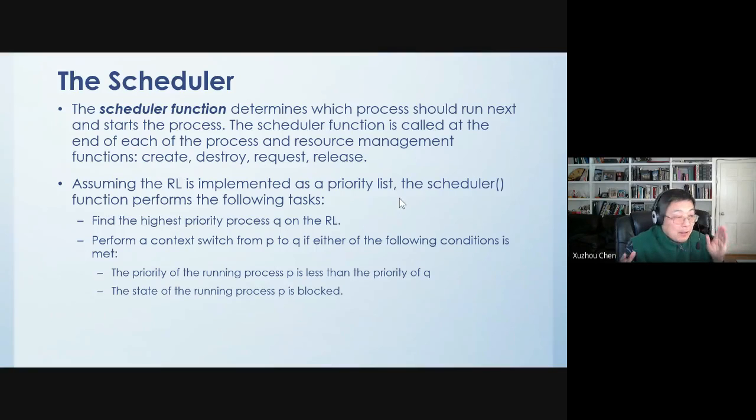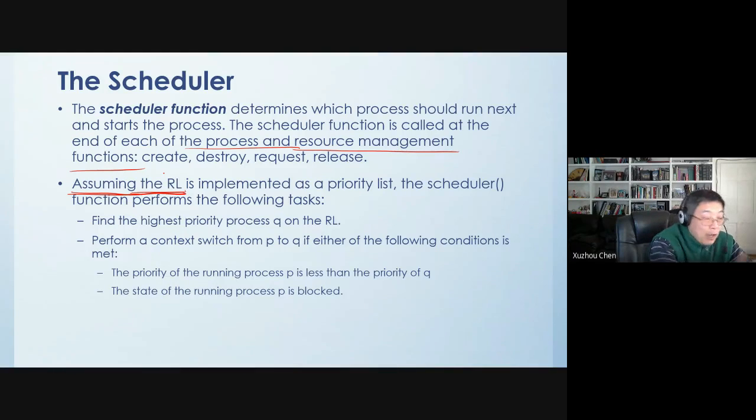It's the boss, who determines who is going to get a chance to run and who gets a chance to do things. The scheduler function is called at the end of each of the process and resource management functions. Now this is just a particular case, to tell you how the scheduler works.